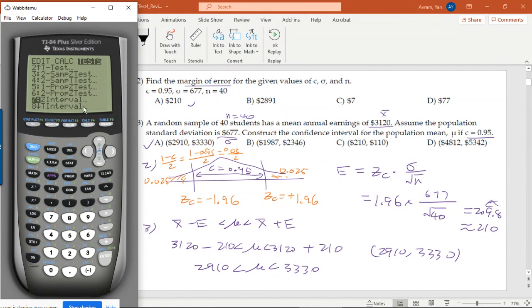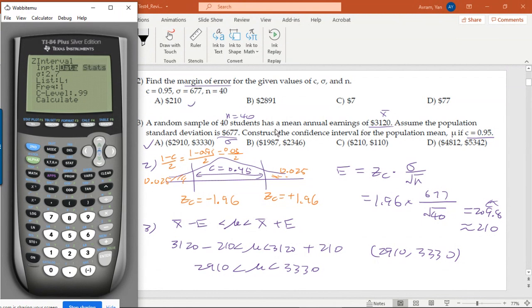We're going to use the Z-Interval, and I'll tell you why later on. T-Interval is very similar, but this one is Z-Interval because it's giving you the population standard deviation, sigma.